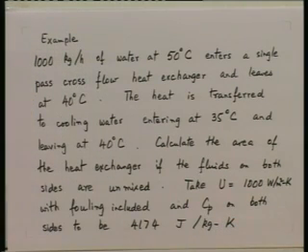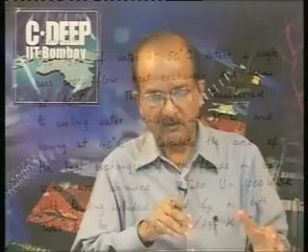Take the value of Cp to be the following. It is a straightforward example of calculating area, very similar to the earlier one, excepting that now the flow configuration is cross flow with both fluids unmixed.